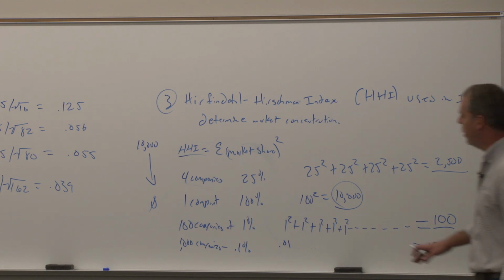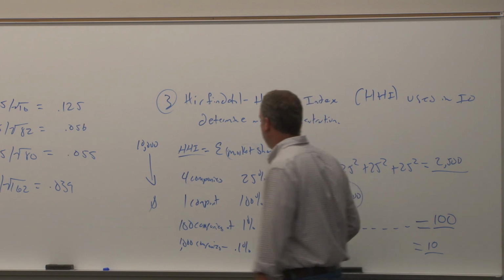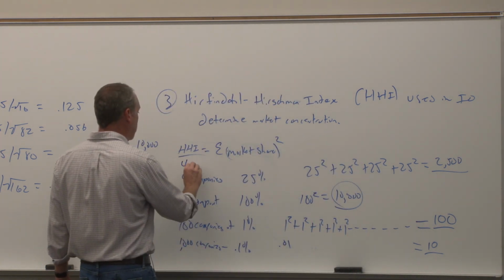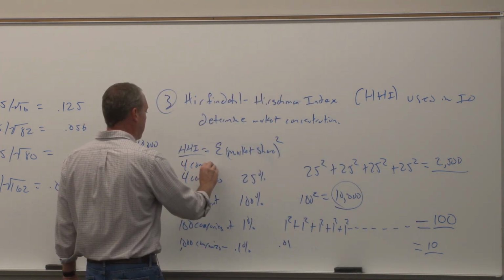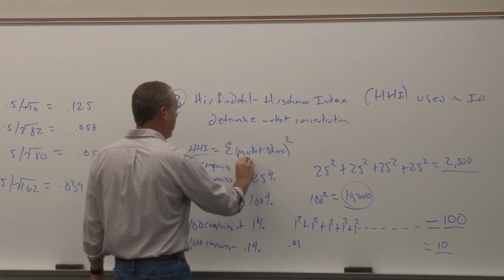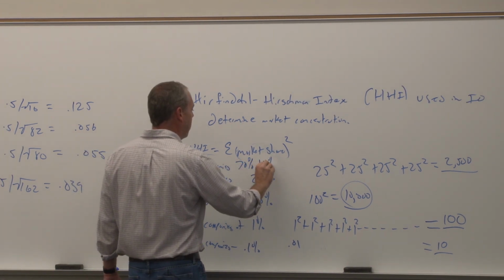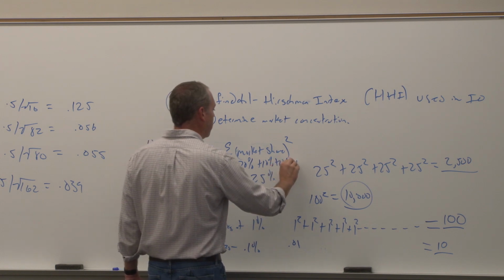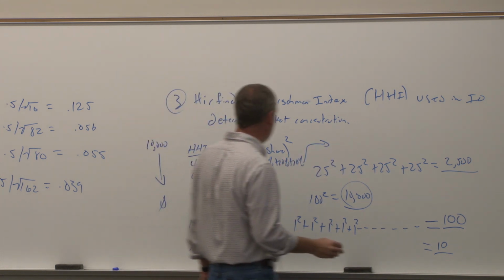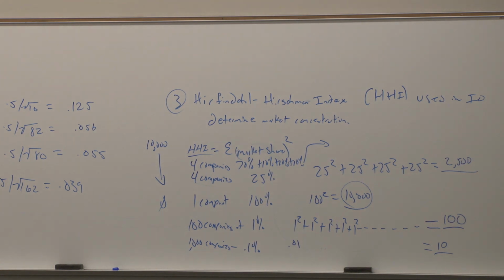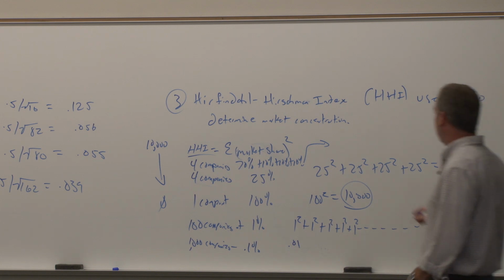And it doesn't have to be that they all have equal share. You could have 4 companies here. One has 70%, one's got 10%, one's got 10%, one's got 10%. It could be anything. So you could have 70 times 70 is 4,900 plus 100 plus 100 plus 100, 5,200.